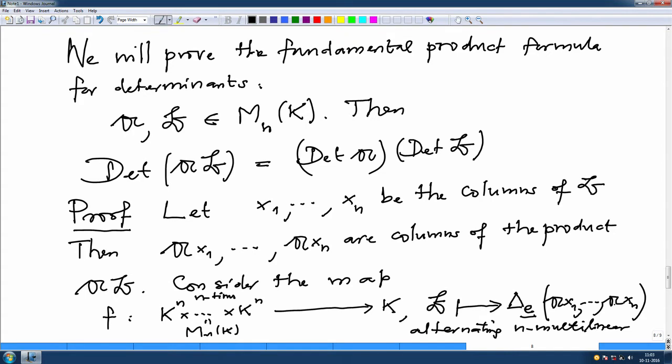To check it is alternating, I have to check that if two components are equal, then the value is zero. This is clearly alternating and multilinear. So, I will just say check it yourself, there is nothing much to check.